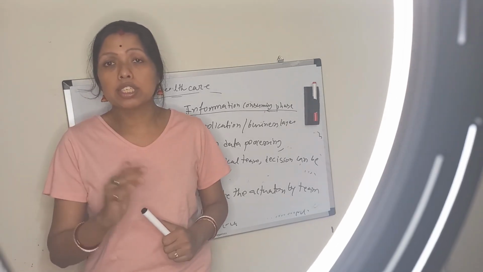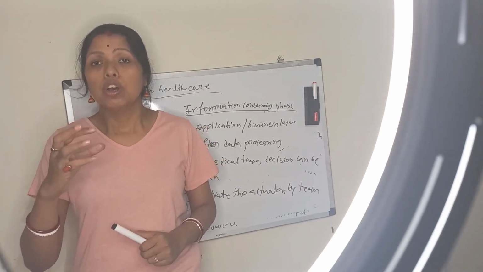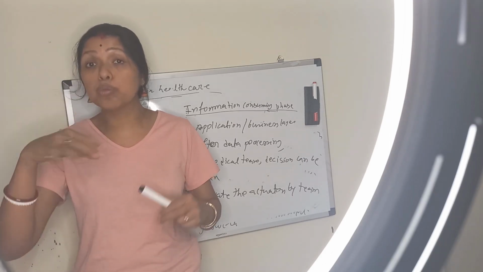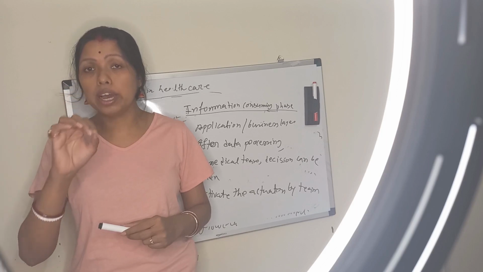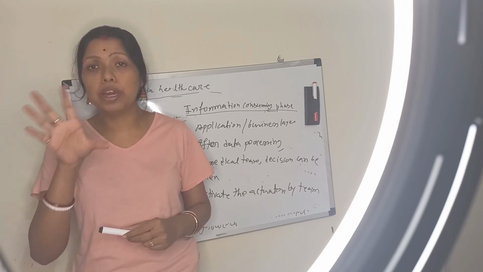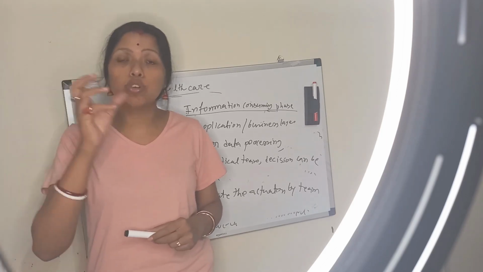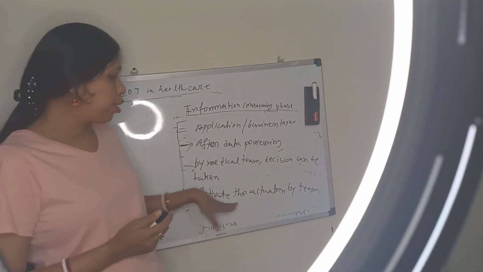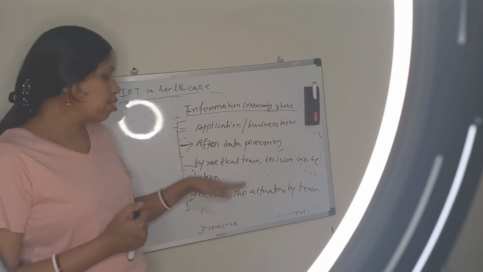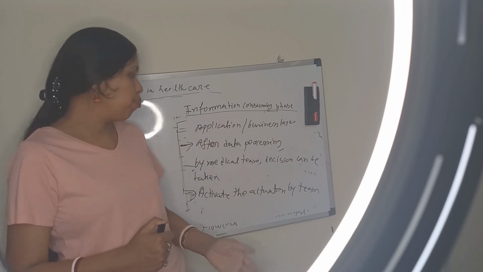For neurosurgery or neuro instruments, we have to use some instruments to identify the proper neuro problem. So we have to use some machines. For that, this point comes into play: activate the actuator by the medical team.